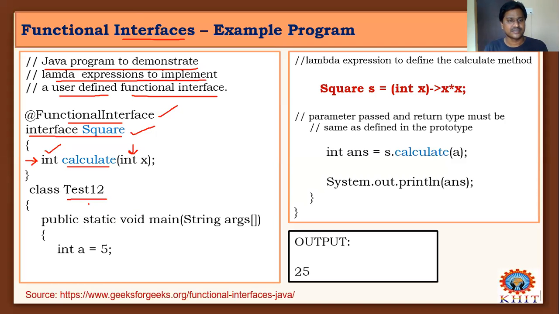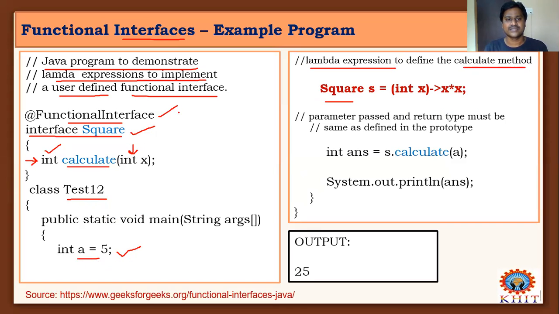In Test 12, we take one instance variable in the class scope, a equal to 5. And one lambda expression is defined to calculate the square.